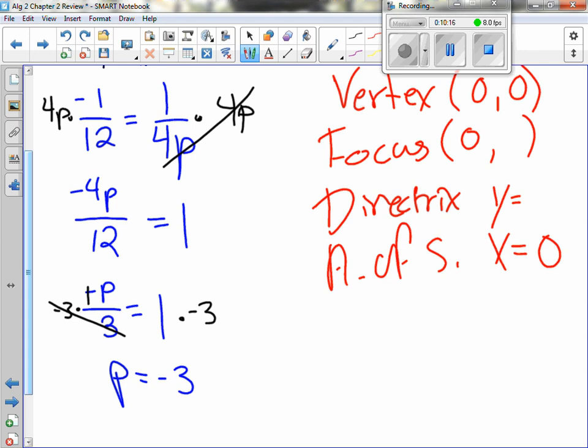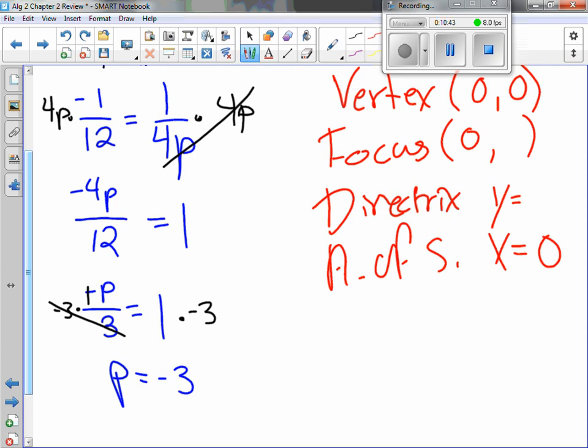We multiplied both sides by 4p and got -4p over 12 equals 1. We simplified it down, multiplied both sides by -3, and we got the value of p.